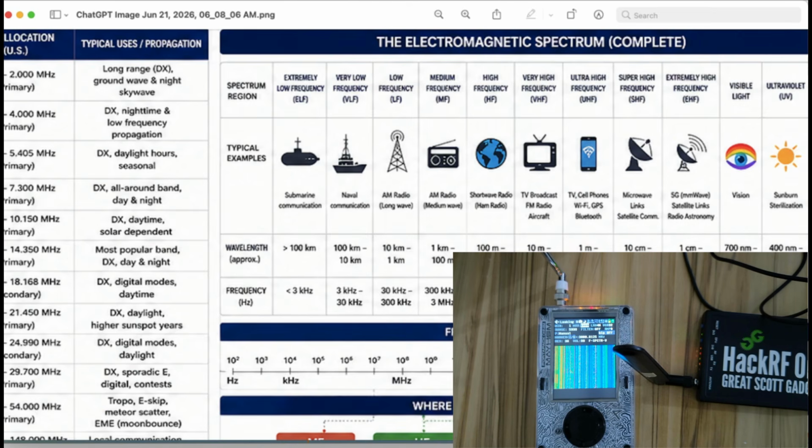Sometimes we're working with even lower frequency bands where the antenna tends to get very long, generally for shortwave communication and things like that. So that's the basic idea. Always remember, the higher the frequency, the smaller the wavelength. As soon as the wavelength gets smaller, the antenna size shrinks, and vice versa.